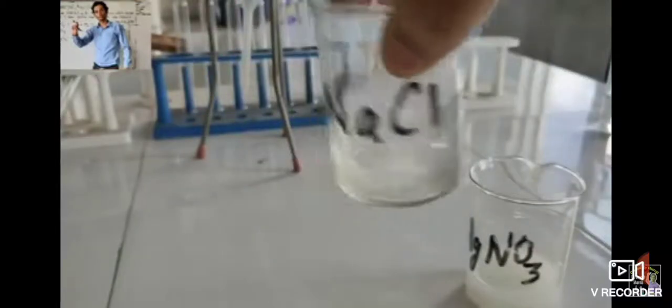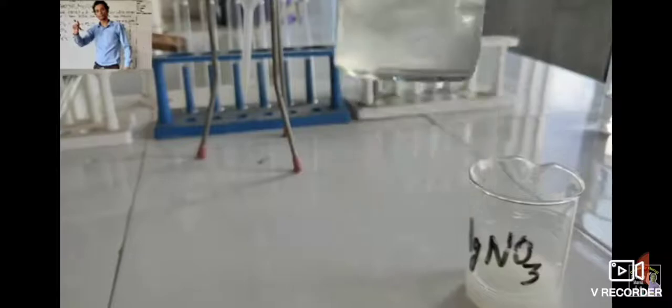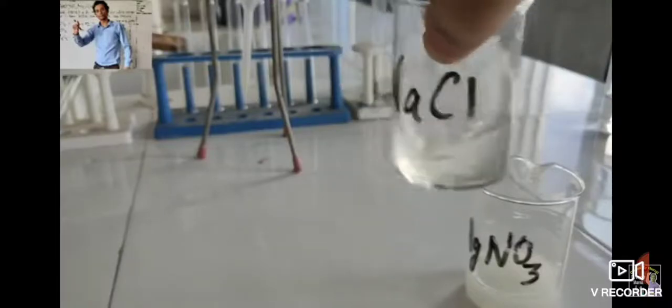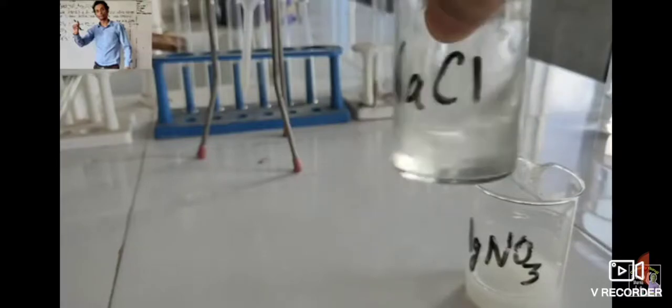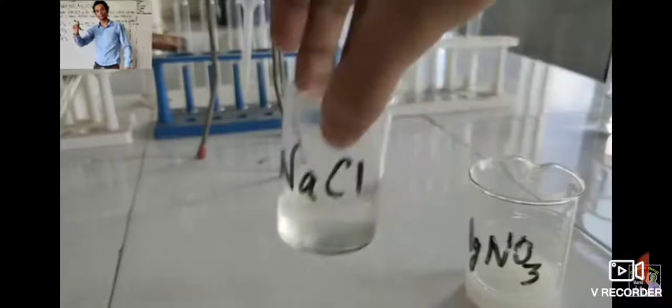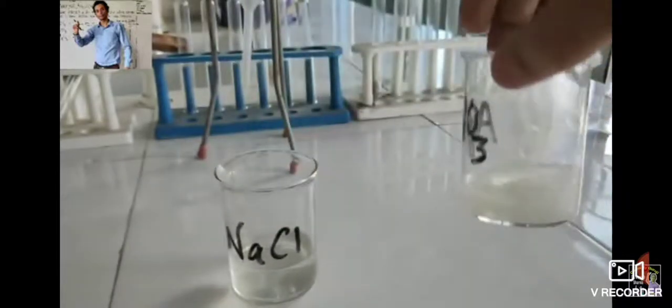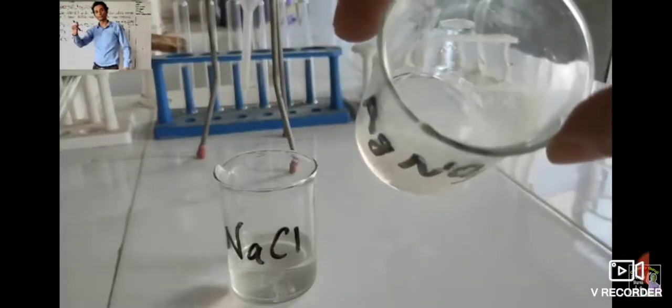Now just see, you are mixing it well, sodium chloride salt in water, so that the salt will dissolve properly, and till it dissolves, you are going to shake it. Silver nitrate also, you are going to shake it properly so that it dissolves completely.